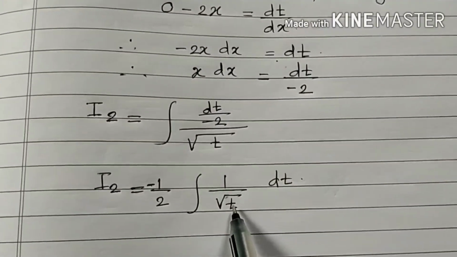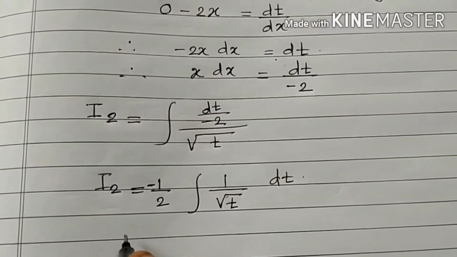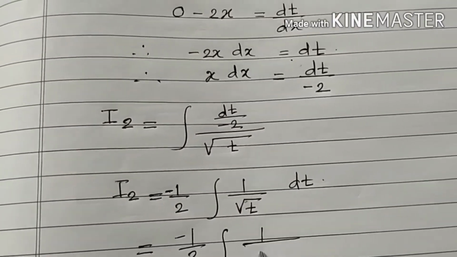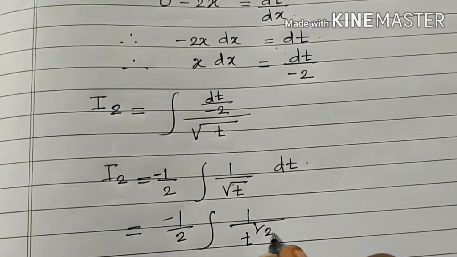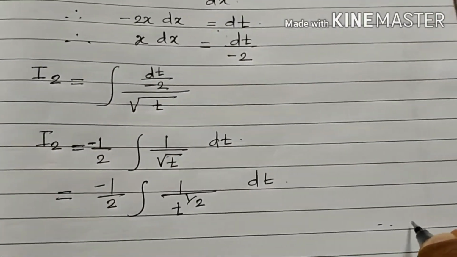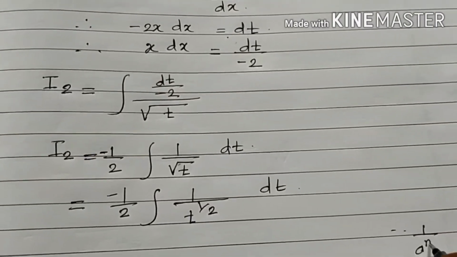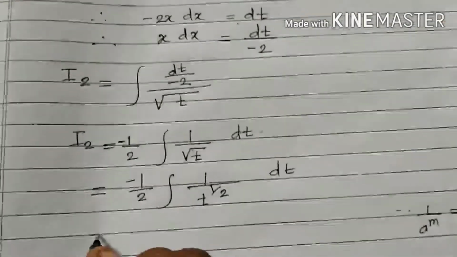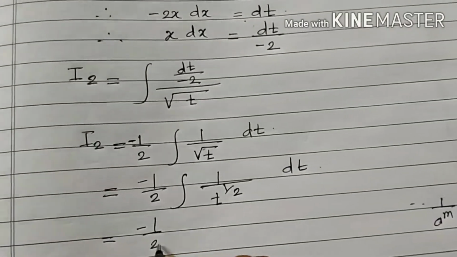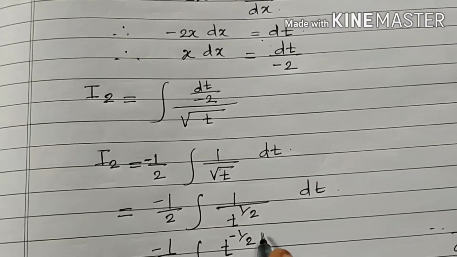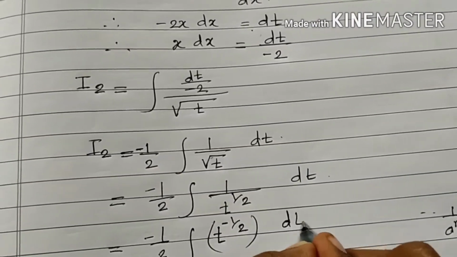Now there is no formula for 1 upon root t. So write it like that, 1 upon t raised to 1 upon 2 dt. Now using laws of indices, 1 upon a raised to m is equal to a raised to minus m, you can write here t raised to minus 1 upon 2 dt.